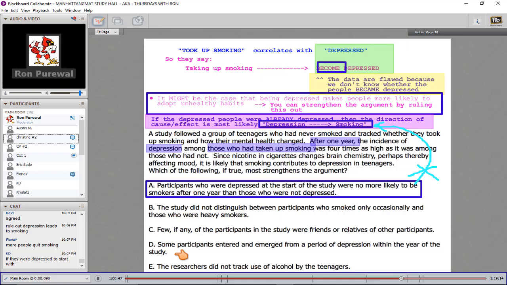This is not going to strengthen anything for sure. If anything, this is a confounding variable. They didn't track this. So if this matters, it's going to make the study less significant.